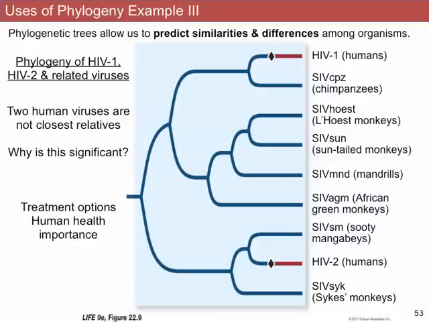In fact, HIV-1 is more closely related to some simian immunodeficiency viruses than it is to HIV-2. This is really important for many features like drug treatment of people who are infected with HIV. It matters which strain of HIV they are infected with because they are quite distantly related from each other.